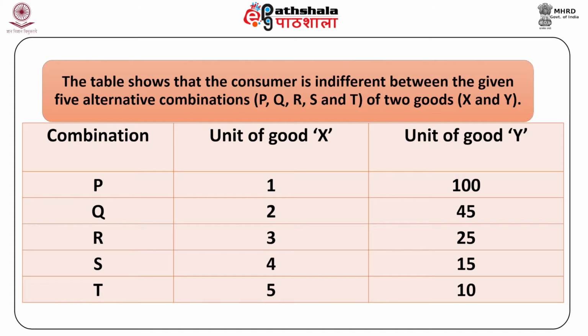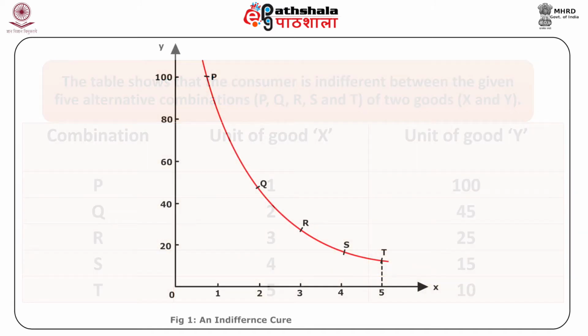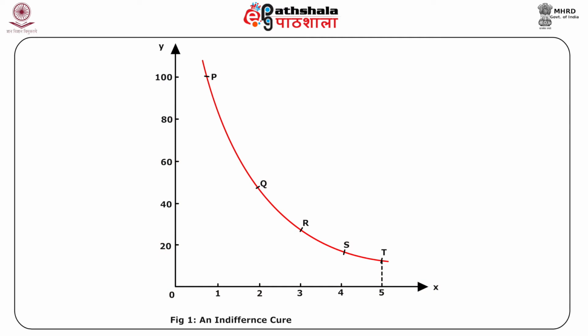When all the combinations are represented in the form of a graph, we obtain an indifference curve as shown in figure 1. So this figure shows when we take different combinations of good X on the x-axis and good Y on the y-axis.